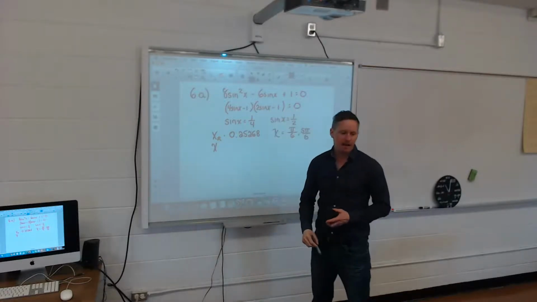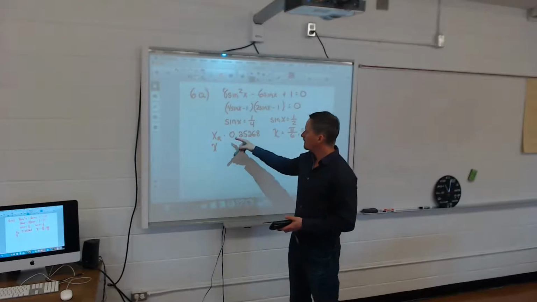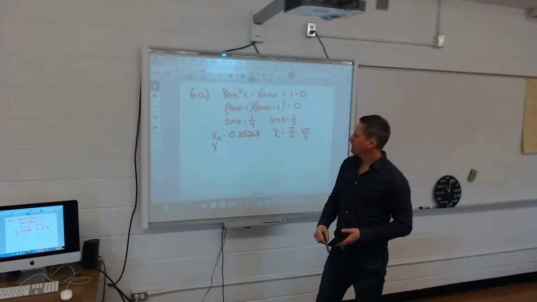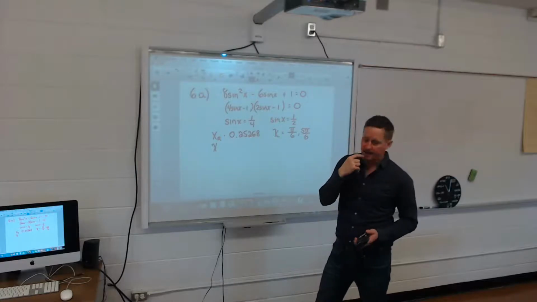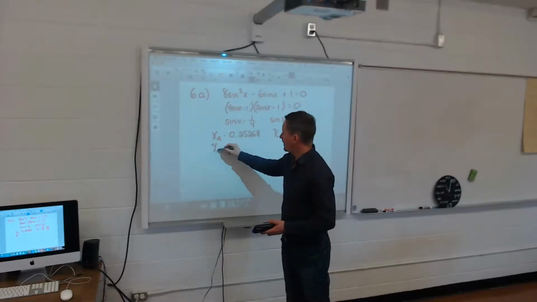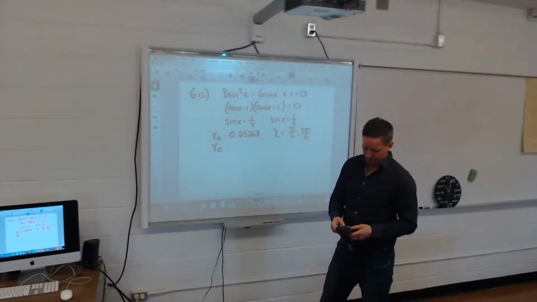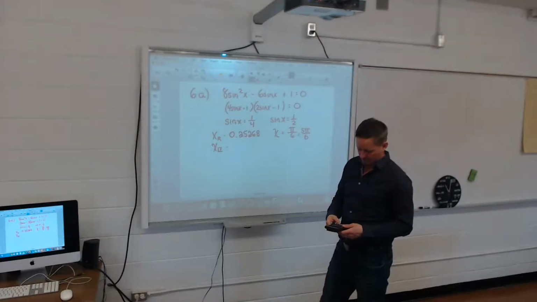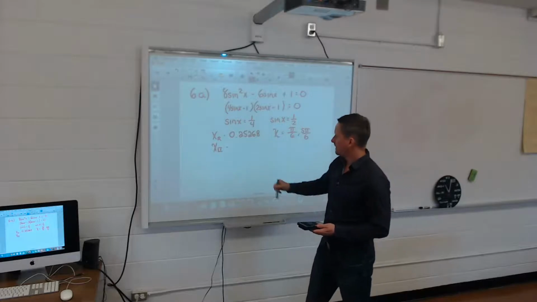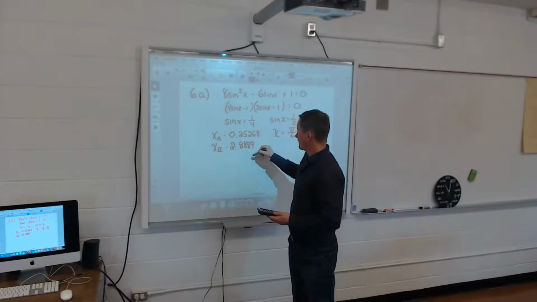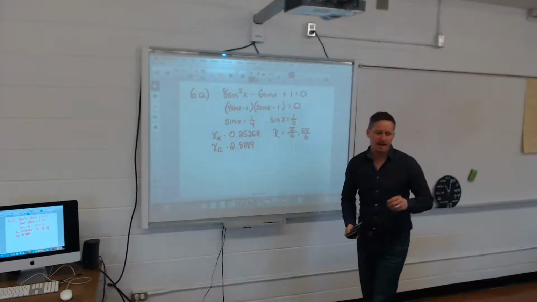So my reference angle is in quadrant 1, and sine is equal to 1/4 at 0.25268. And then in quadrant 2, 2.8889.